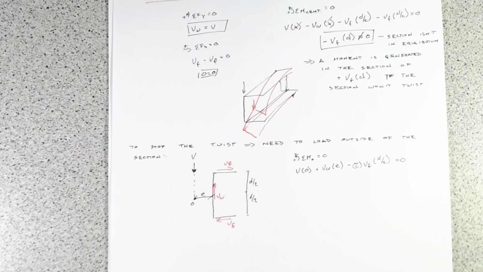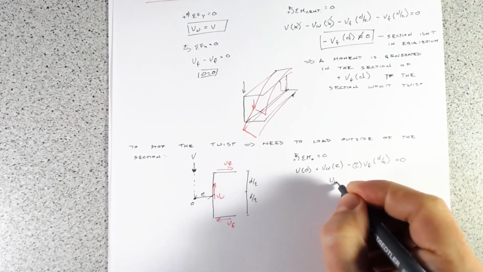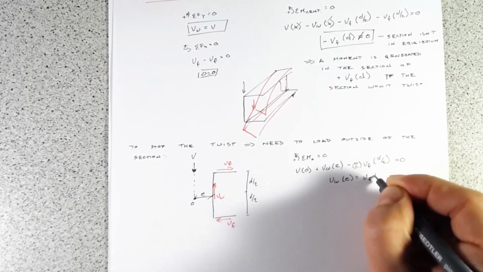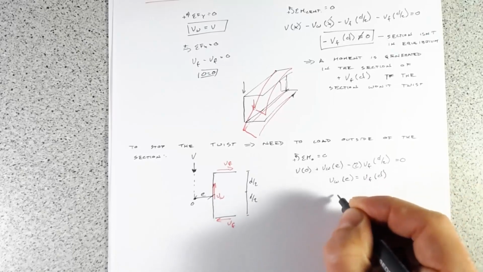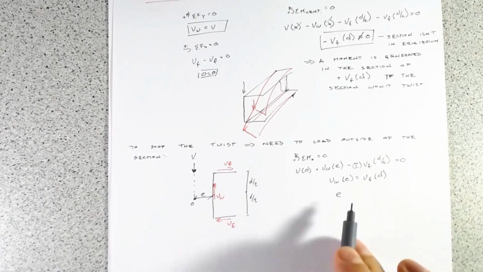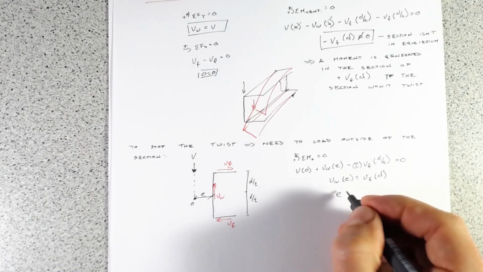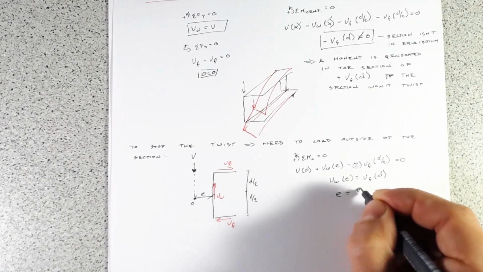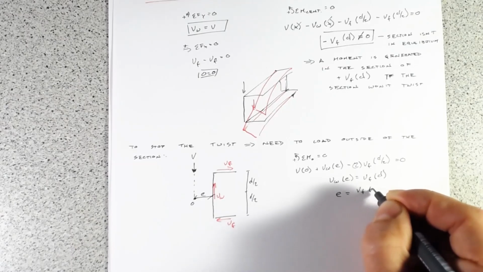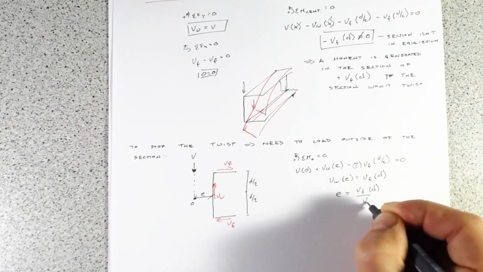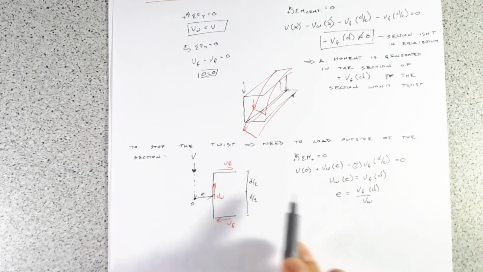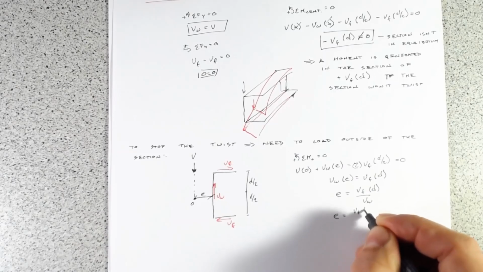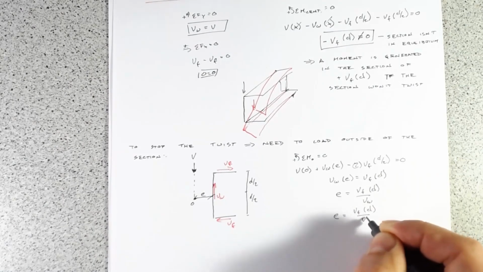That goes to 0. We get V sub W times E equals V sub F times D. So we find out that E equals V sub F times D over V sub W, but because these two are the same, E equals V sub F times D over V.